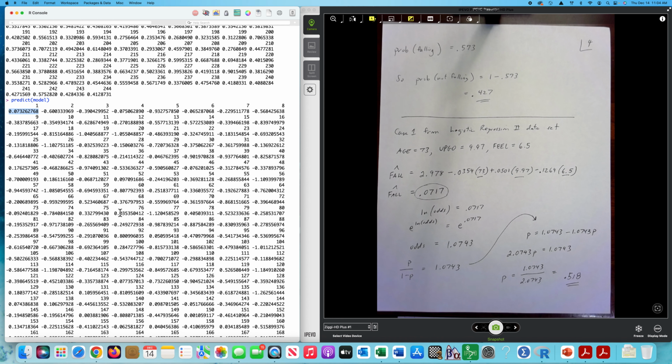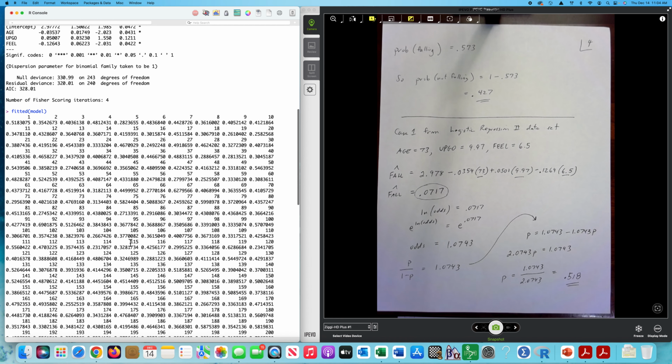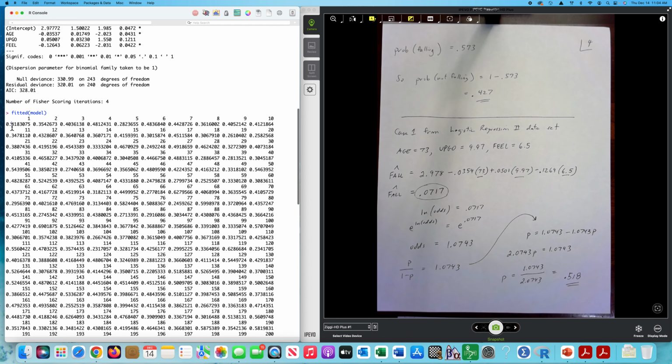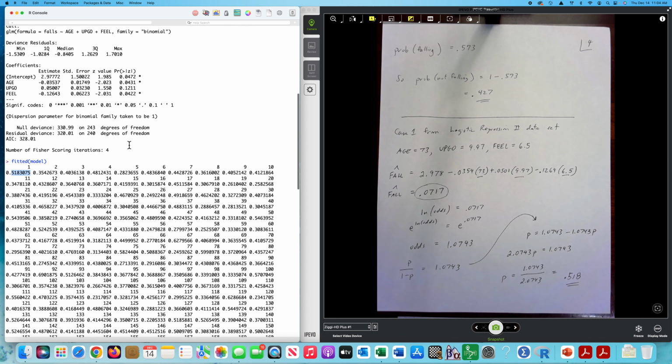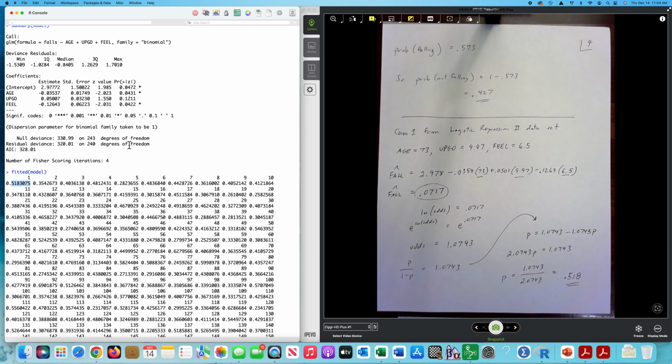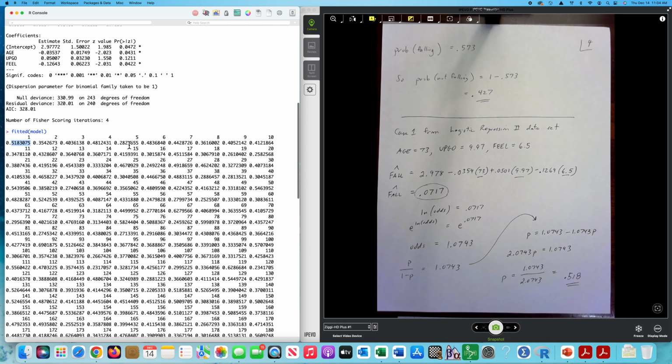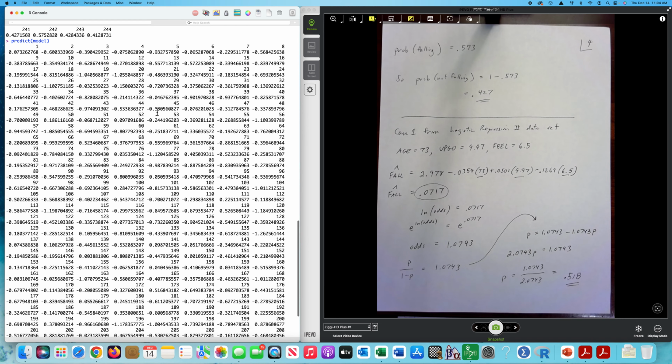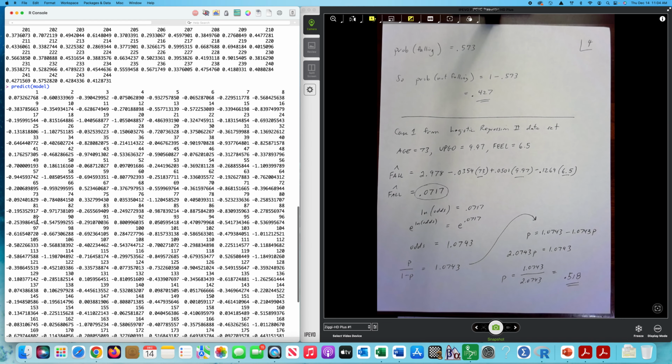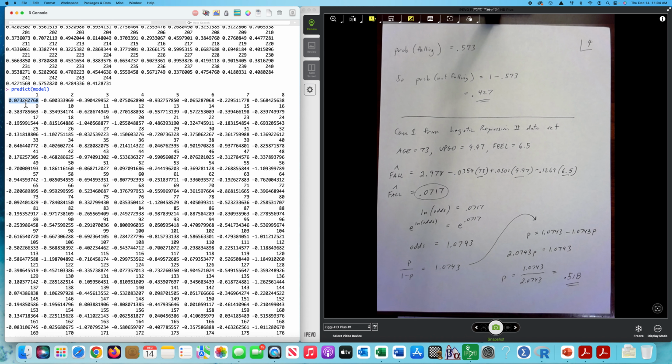So probabilities are super easy to find if you have the data set and you can run the model. I don't know how to do this in StatCrunch. I don't think there's a way to do it in StatCrunch, but there could be. And finding the natural log of the odds is also easy to find.